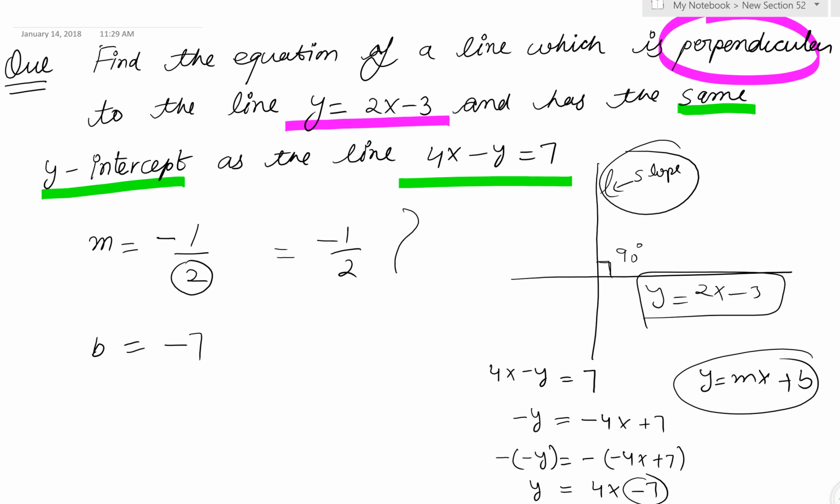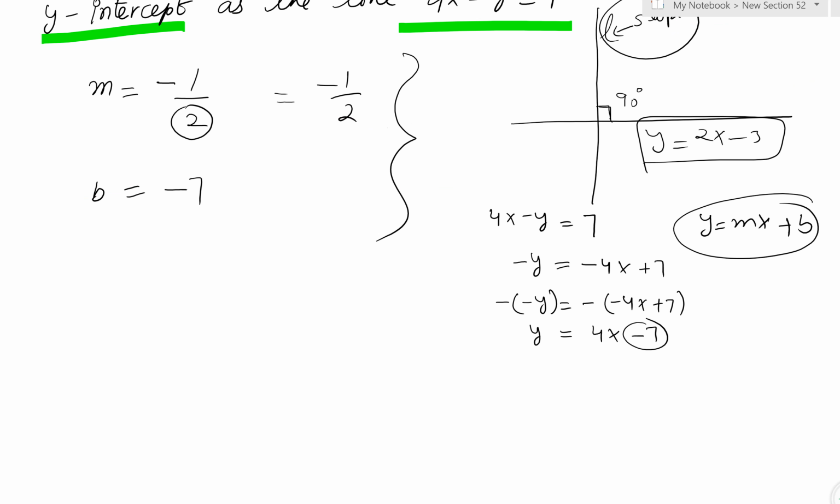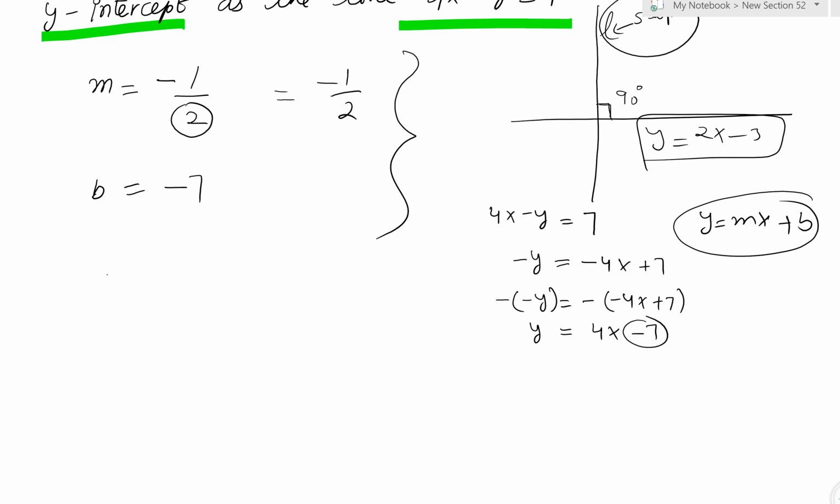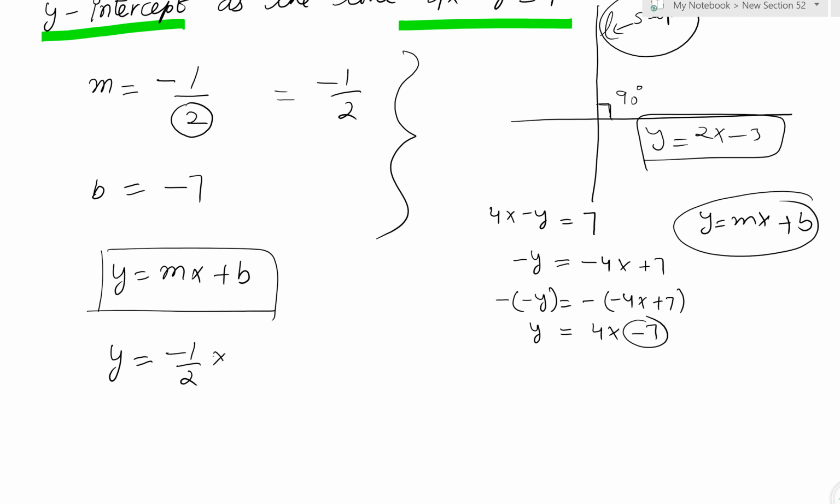Now we have both of the tools that we need. Our equation is going to be y equals mx plus b. You just substitute the values of m and b in this equation. Your m is negative 1 over 2 and your b is minus 7. So you substitute both of them. So that's your answer.